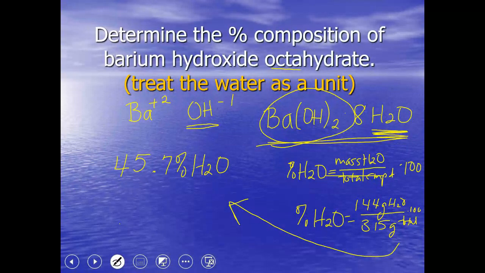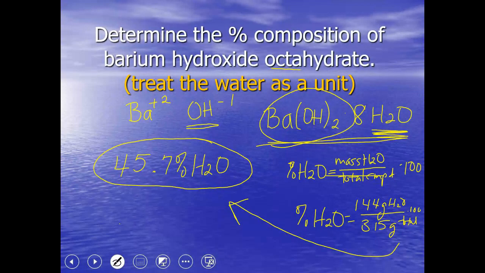Okay. And you could, if you wanted to, break that down into how much of it's barium. Well, then you do 137 over 315. How much of it is oxygen? How much hydrogen? You can do that for any of them. But to identify a hydrate, what you really just need to know is what percentage of that hydrate is water, because you know that the rest of it then is the anhydrous portion of the compound.